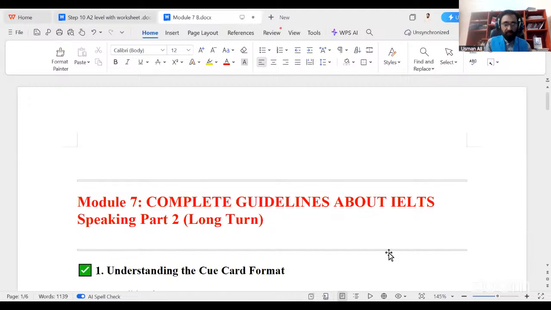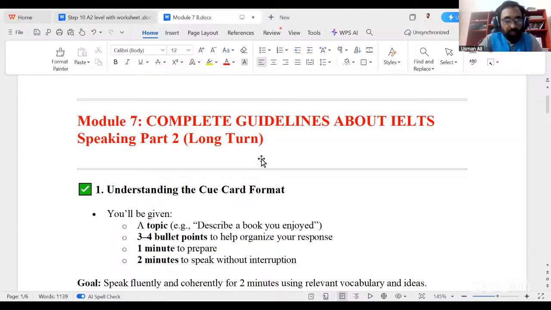In the previous module we talked about part 1 of the IELTS test, and in this module we will talk about part 2 of the IELTS speaking test. First of all, we will understand the cue card format.